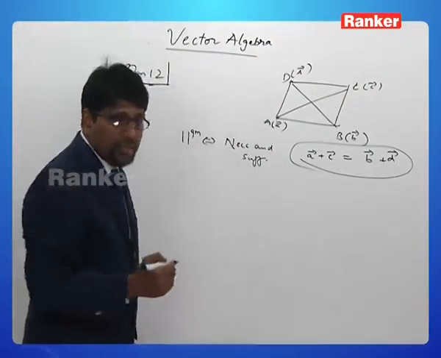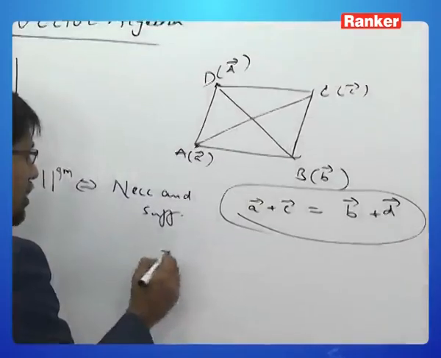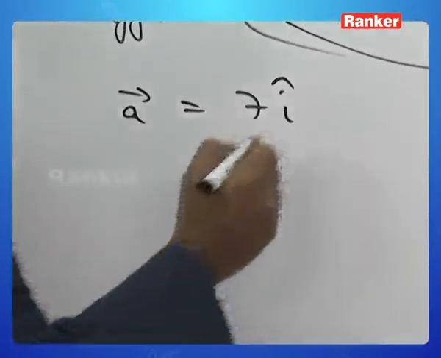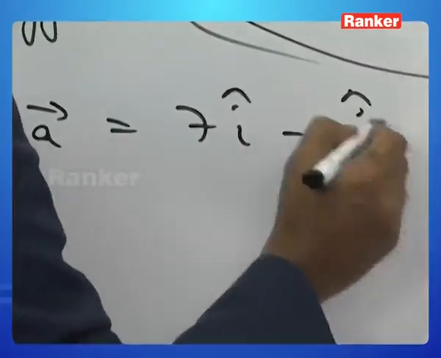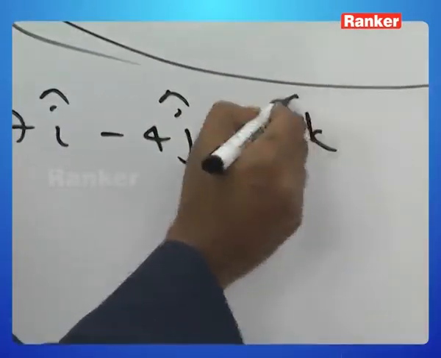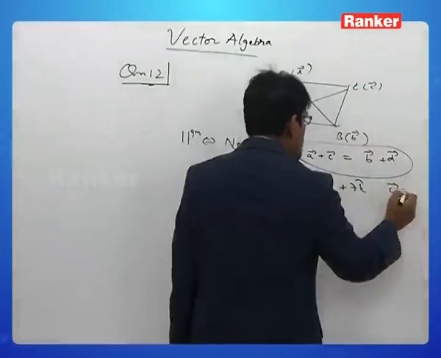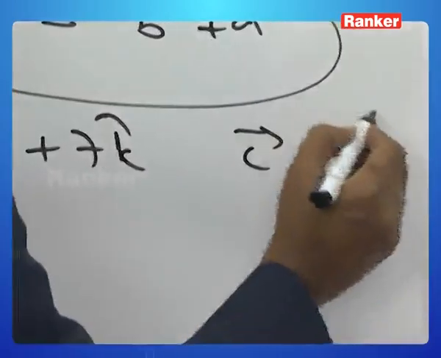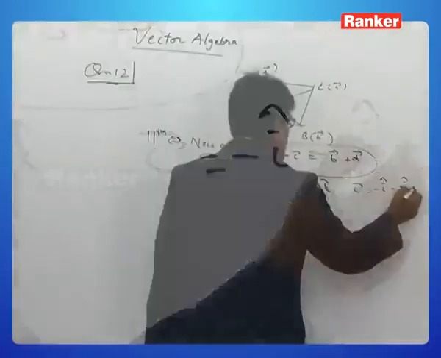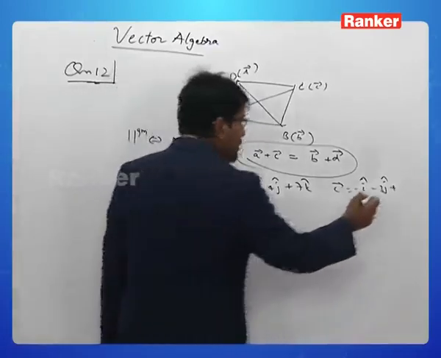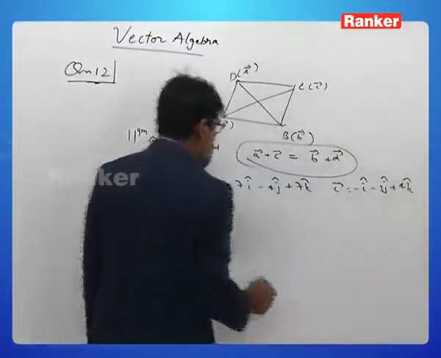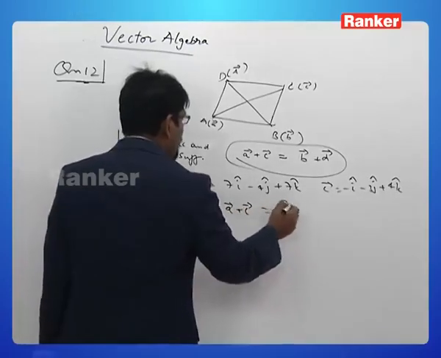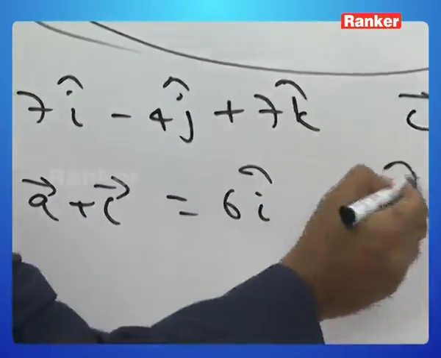Now we observe that a bar, what is a bar? 7i minus 4j plus 7k, and c bar is i minus 3j plus 4k. What is a bar plus c bar? Clearly 6i minus 7j plus 11k.